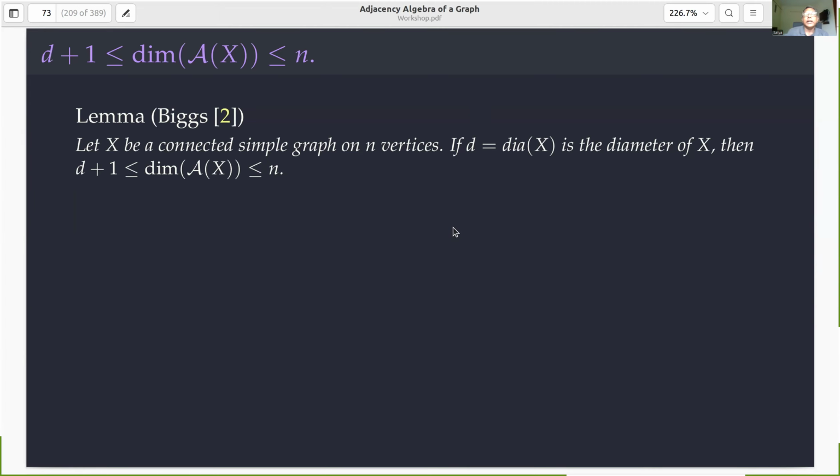What is A of X? It is the adjacency algebra of X. What is the adjacency algebra? That is the set of all polynomials in A. Take any polynomial in C[x] and substitute A, we get matrices, and that collection is the algebra. Can anyone recall what the dimension of A of X is? We discussed it last class.